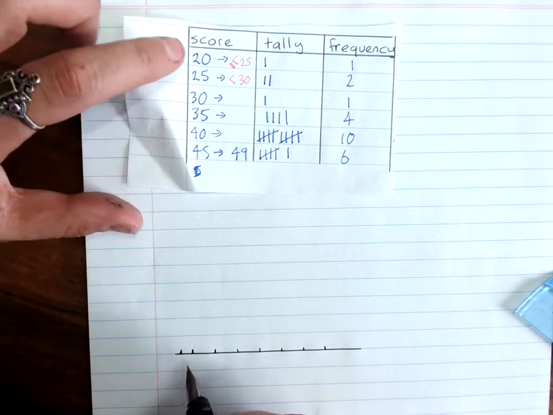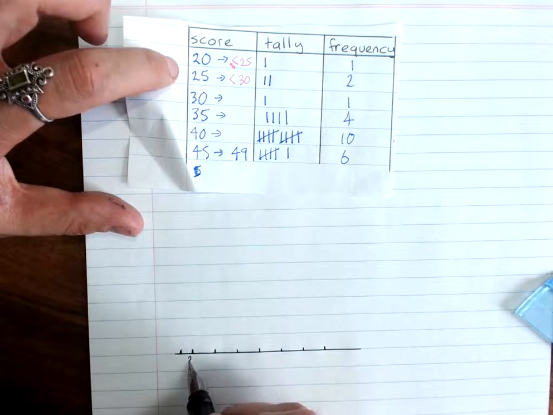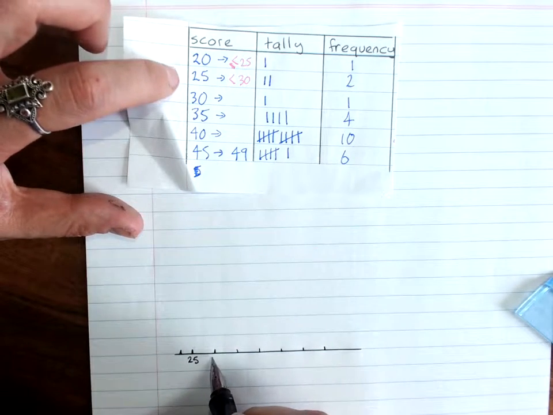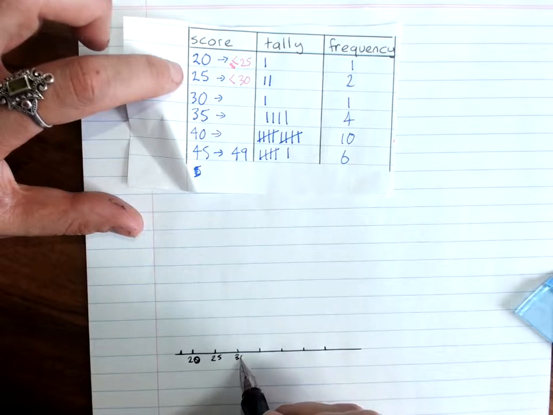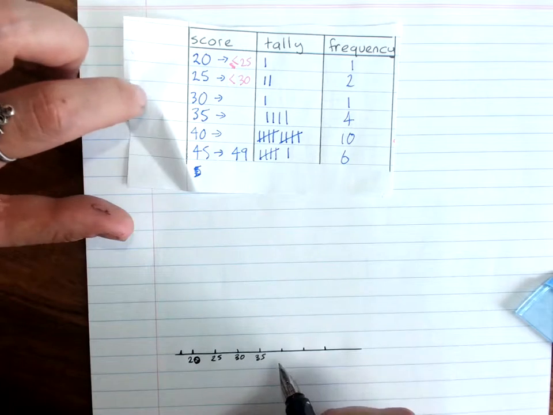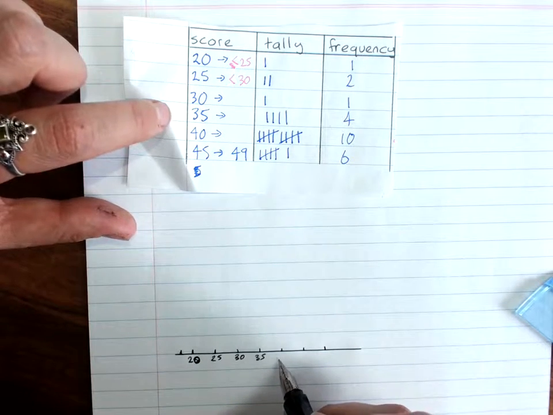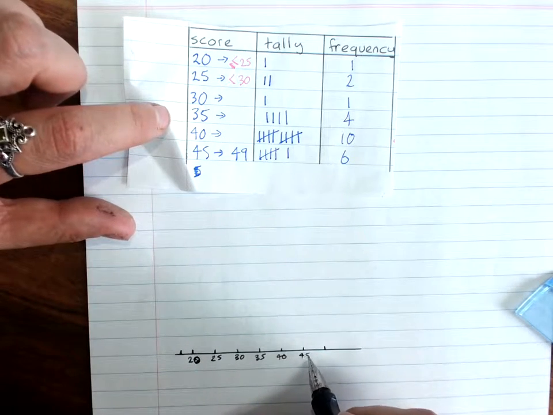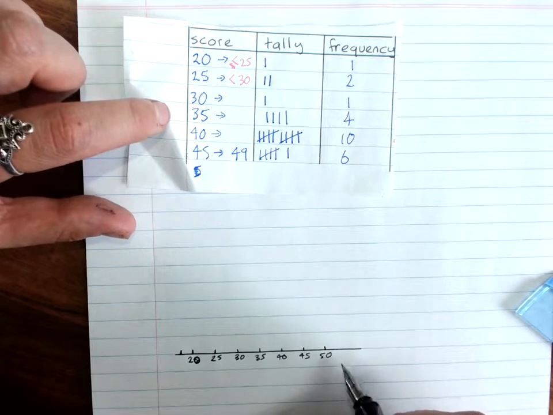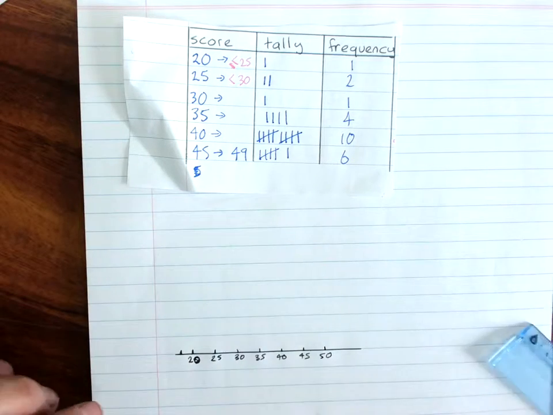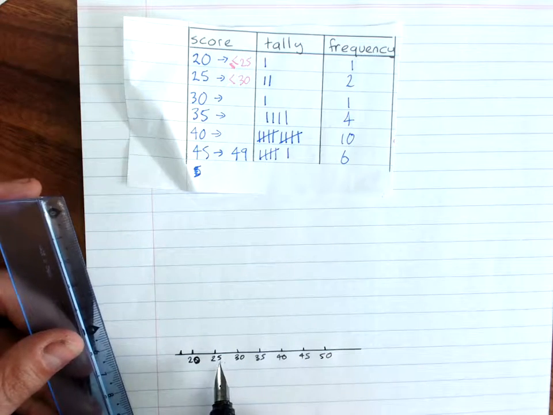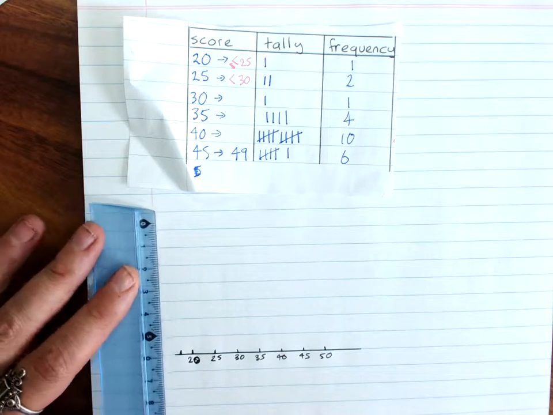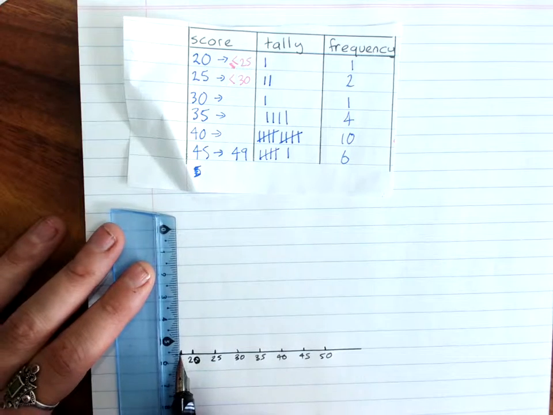But when it's grouped data, put the scores, 20, 25, on the edge of the columns. So like that, it makes it very clear that this column here is between 20 and 25. My frequency needs to go up to 10.